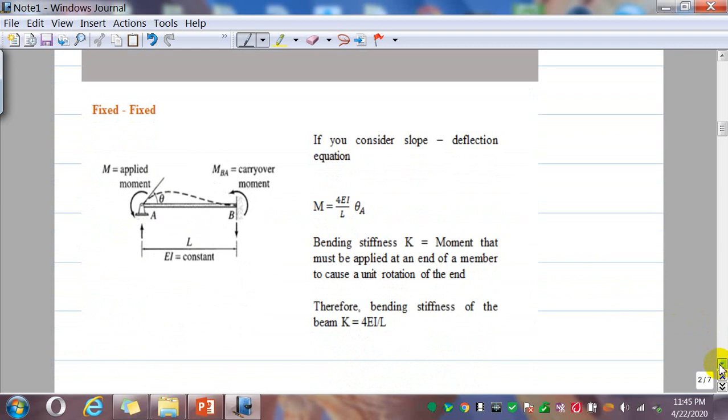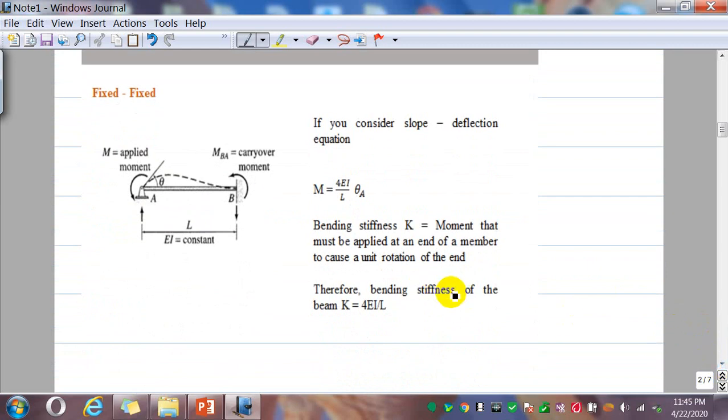So now let's look at how we can approach this problem. This is very similar to the slope deflection method, where we derive the equation. If you can recall the slope deflection equation that we derived, when we apply a moment M which rotates this point by theta, we derived an equation.